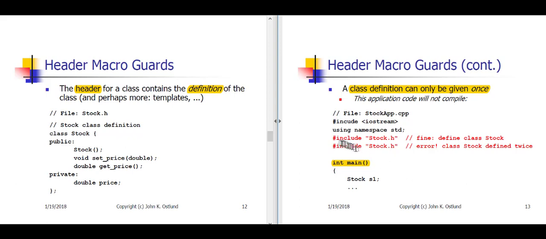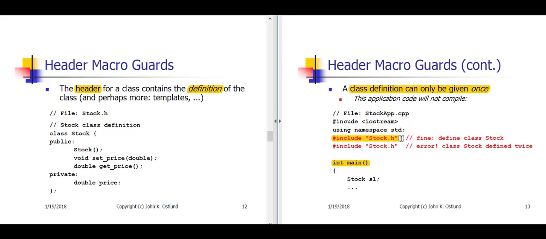So we're going to need to include the stock header file one time to pull in that definition, but it will be an error if we accidentally include that stock header file a second time, because the way that we've written the stock header file, that will end up defining the Stock class twice. And even though those declarations are identical, that's still an error as far as the compiler is concerned.